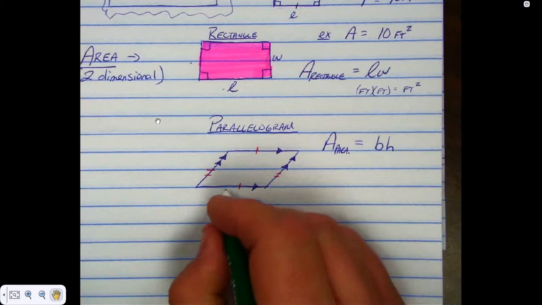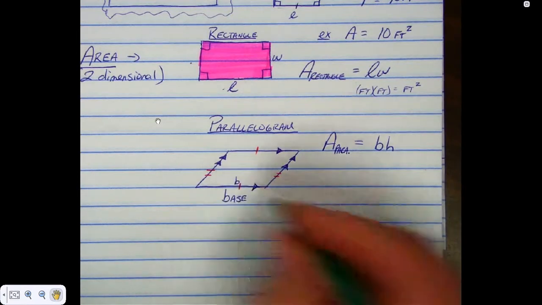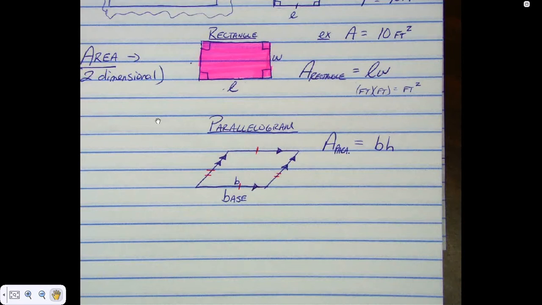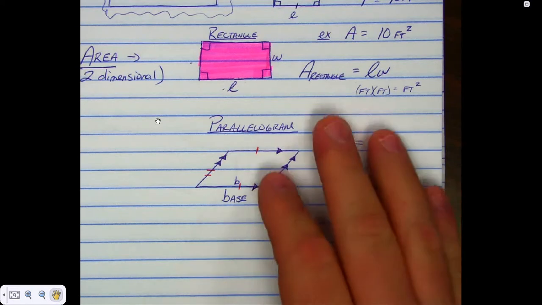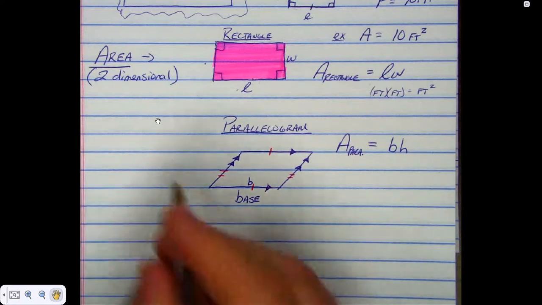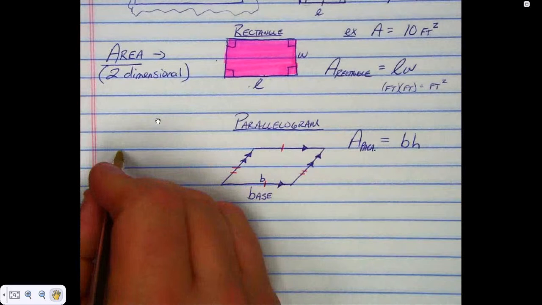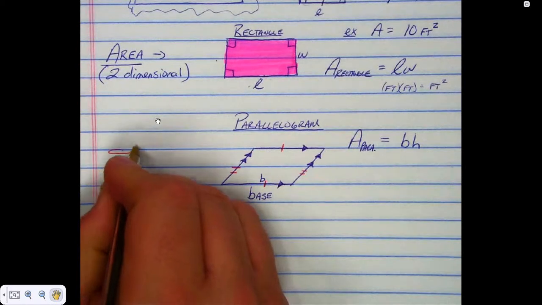In this case, this is your base, B. The one that can get a little bit confusing is the height. And I always use my wonderful drawing skills to try to demonstrate that.